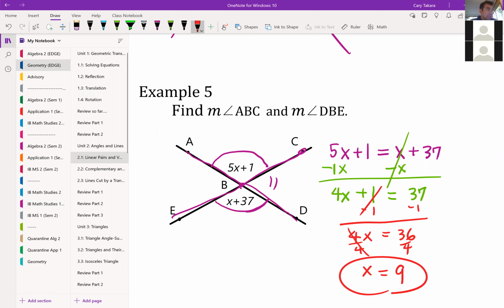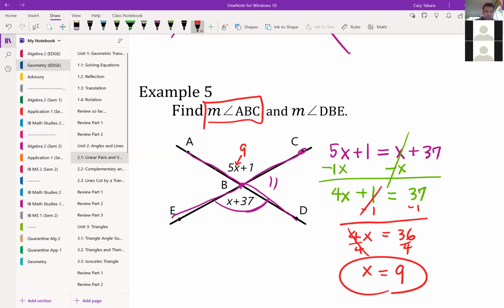But that's not the end of the question, because I am asking you to figure out angle measurement ABC. Do you think the angle measurement is going to be 9 degrees right there? No. X is 9. So what is the actual angle measurement? You have to put 9 into x. Does that make sense?